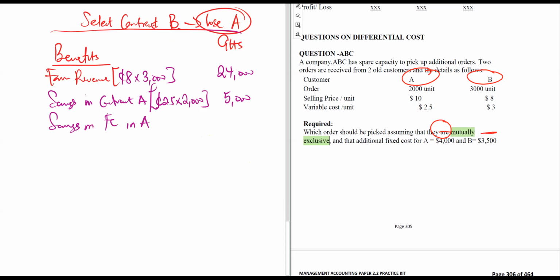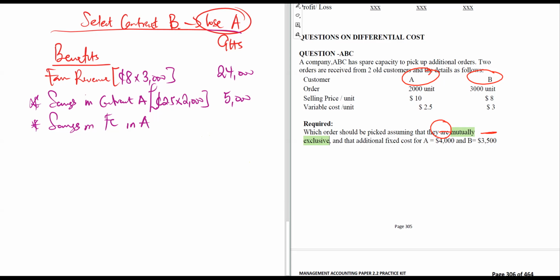Do you get the idea? So it means that once I choose this option, all the costs in the other option will now be a saving to me. And all the revenue in the other option will be a loss now to me because I'm not getting it. Do you get the idea? Is that simple? So you see here, all the cost becomes a benefit now to me. And all the benefits that I would have gotten because I'm losing it, they now become a cost to me. Do you understand?